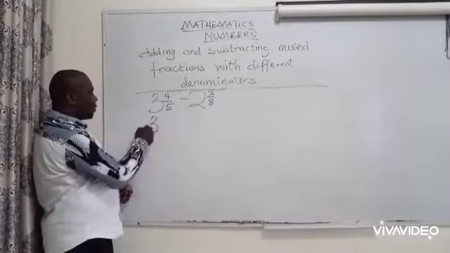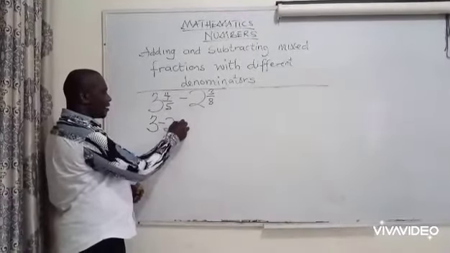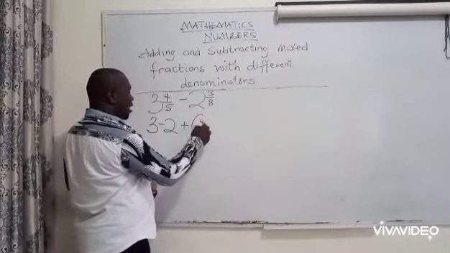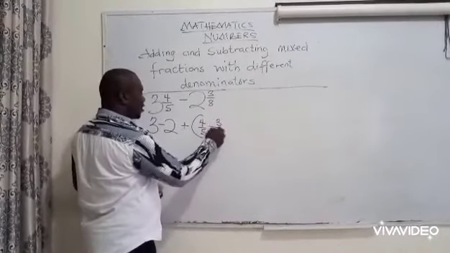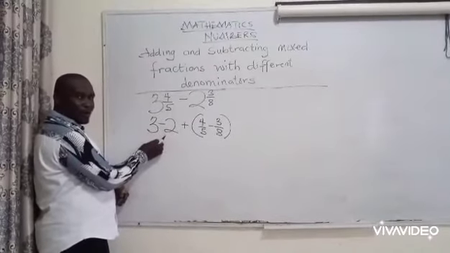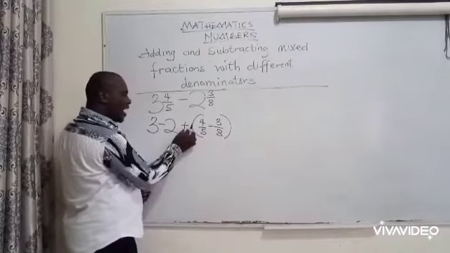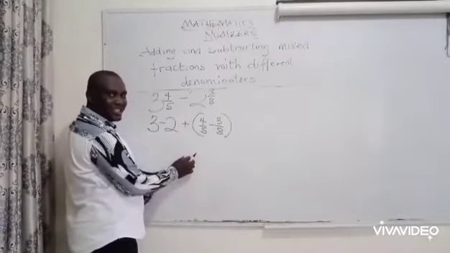So we have 3 whole number minus 2 whole number plus 4 out of 5 minus 3 out of 8. We subtract our whole numbers, we subtract our fractions and we add the two answers together. Hence the addition here.